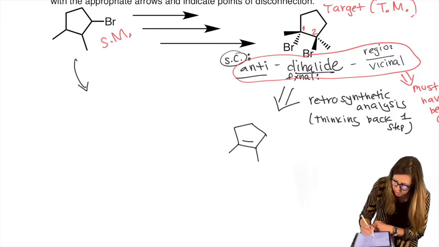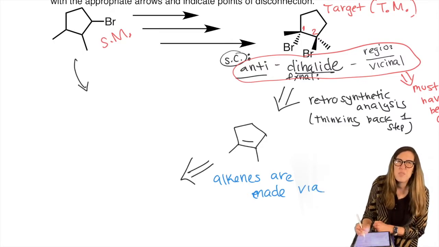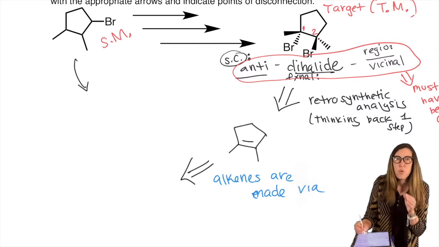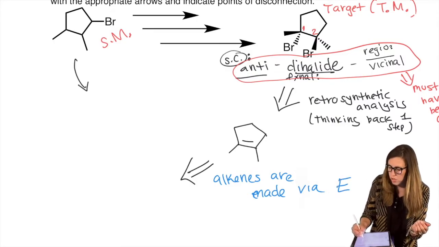For my next step, my next reasoning, working backward, I'm going to say alkenes are made via, we're going to stick to second order in synthesis because carbocations just complicate it a lot. So you don't usually account for those, usually avoid carbocation paths in retrosynthetic analysis. So we're going to stick to E2.